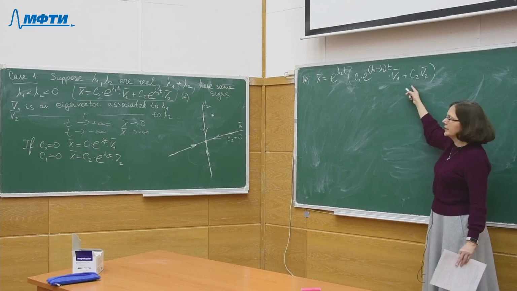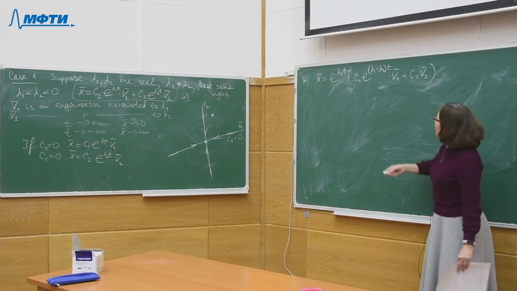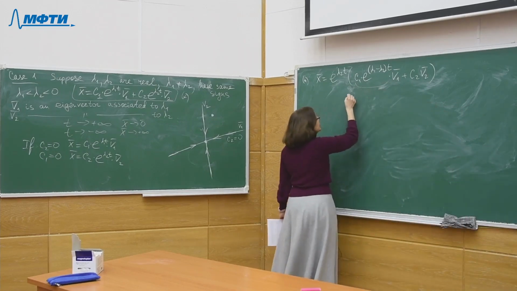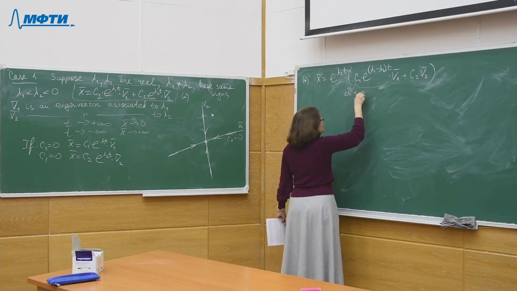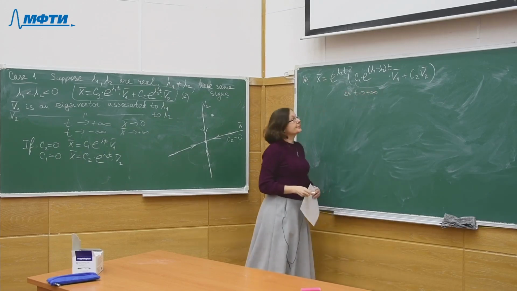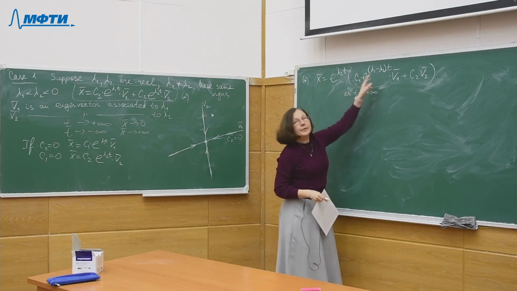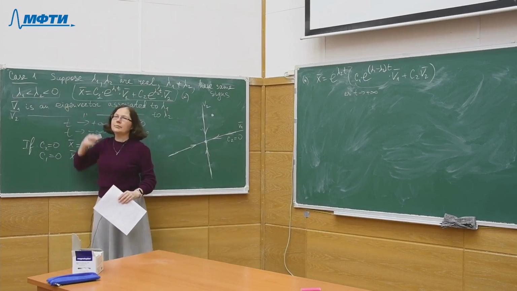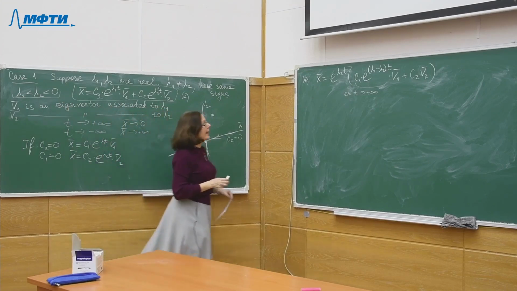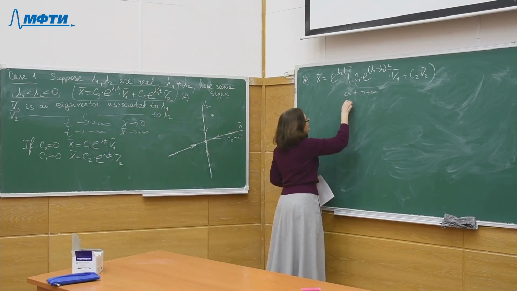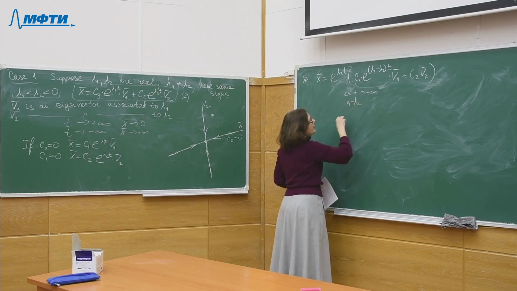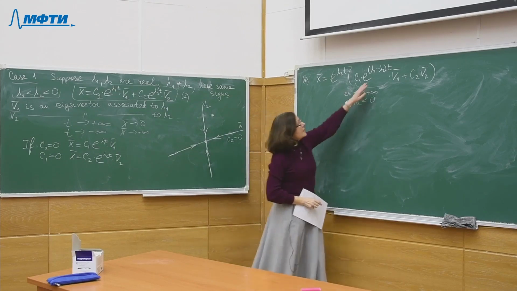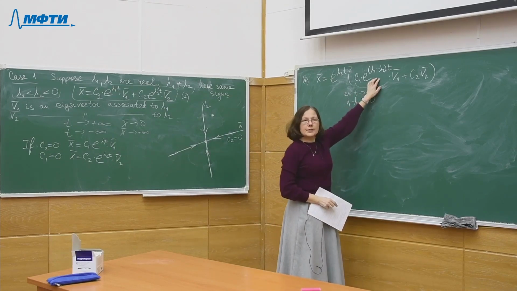So this component is non-zero. Let's look at this coefficient. What happens with this coefficient as t approaches positive infinity? By assumption, lambda 1 is less than lambda 2. Then lambda 1 minus lambda 2 is negative, right? It is negative.